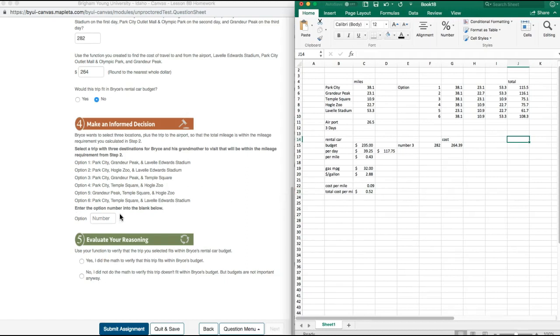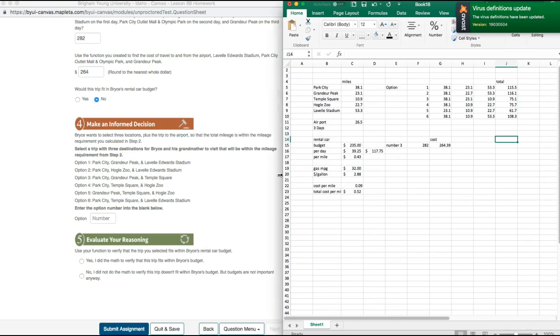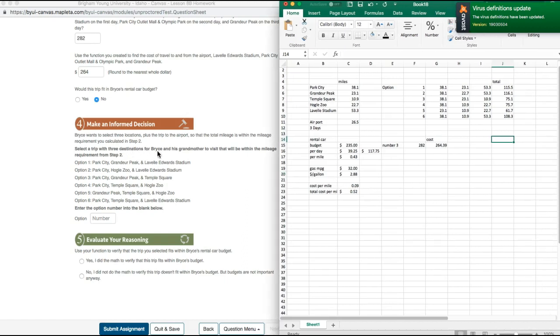Let's see, enter the option number into the blank. Oh, we need to find out first. We need to be within the mileage requirement for step number 2. So we need to be under 282. So I know, oh, whoops, we forgot to add in here, going to the airport. We need to get to and from the airport.